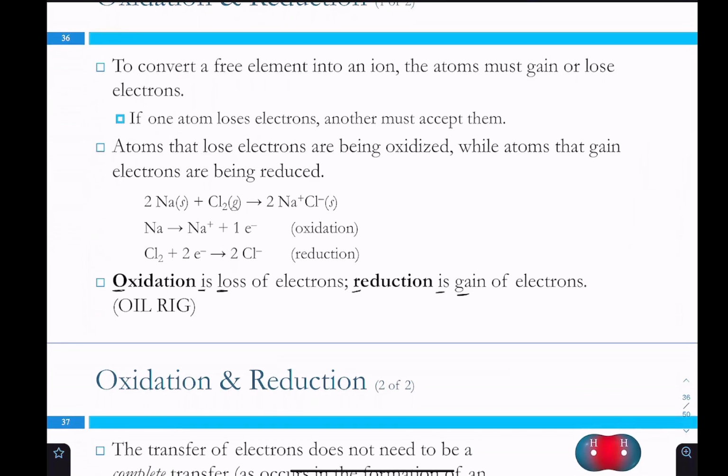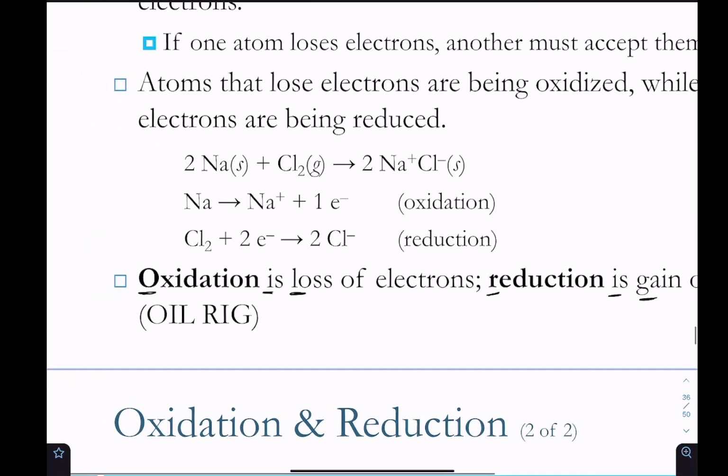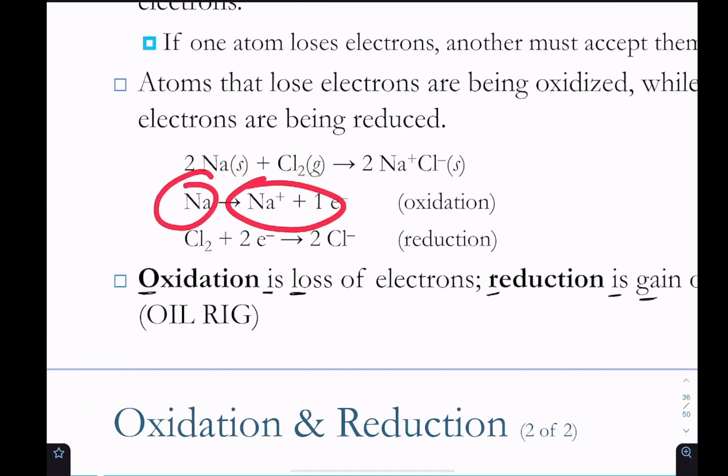So important too, I guess, to point out, when we're looking at these representations of these reactions happening, think of this as before and after. In our before, sodium has that electron, part of the atom. This is the after. Now the electron is outside of the sodium. It's lost it. They've been separated.